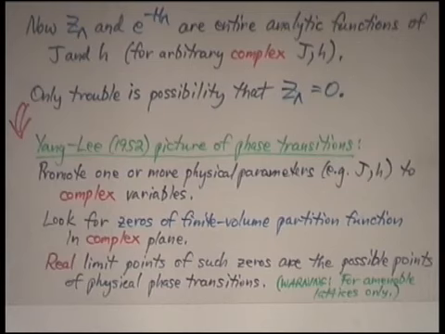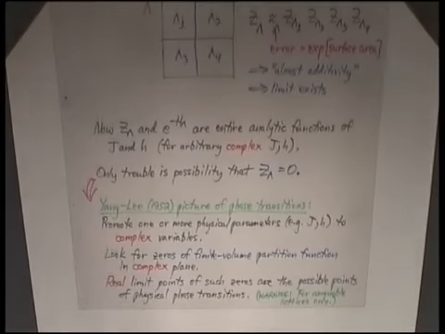But nevertheless, from a mathematical point of view, you can promote these things to complex variables. So study the partition function as a function of the complex variable, J or h or whatever. Look for the zeros of the finite volume partition function in the complex plane, and ask where those zeros can accumulate in the infinite volume limit. Any real limit points of such zeros are possible points of physical phase transitions.